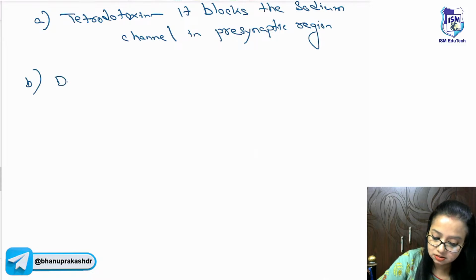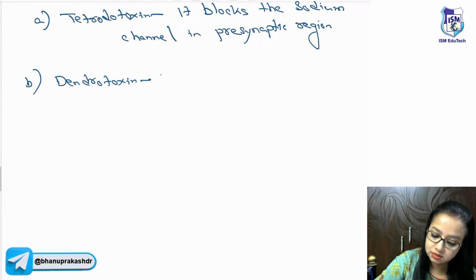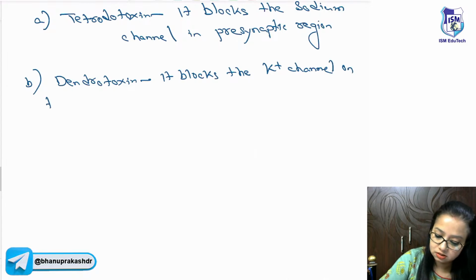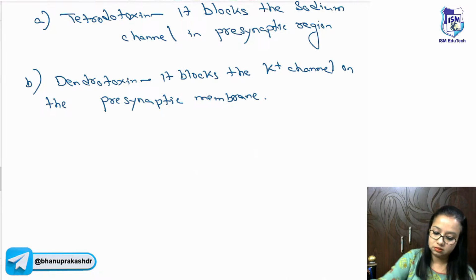Then we have the dendrotoxin. It is from a snake called the mamba snake. So we remember, it blocks the potassium channel on the presynaptic membrane. Okay.